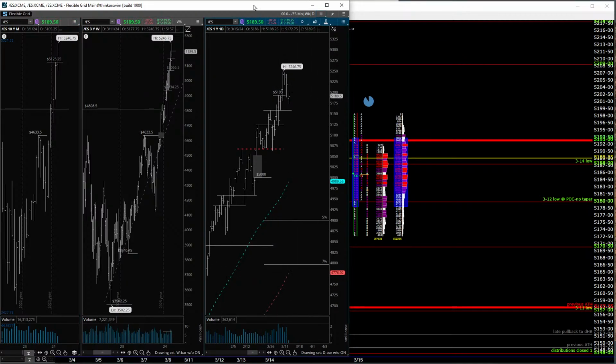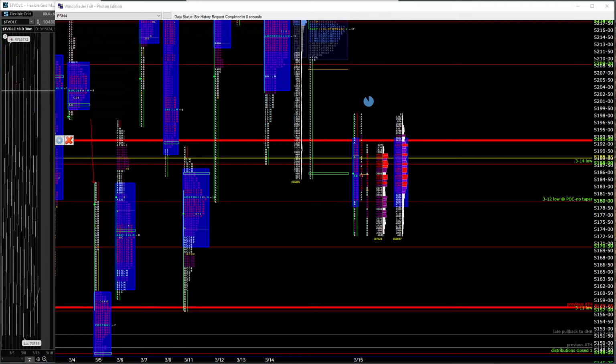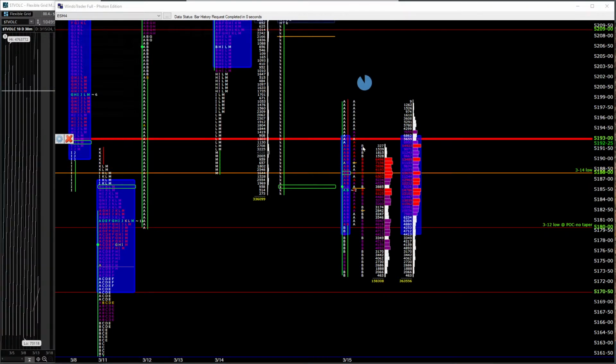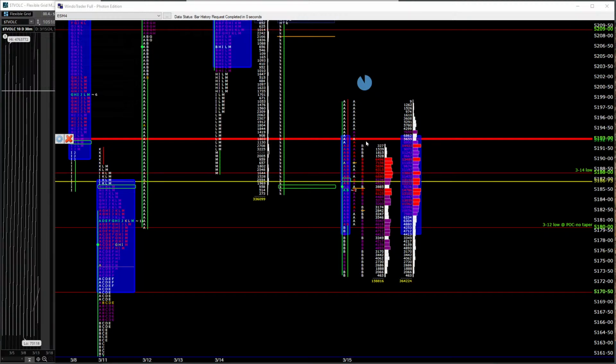Okay. So regarding location, this could be a good location. This is a good location. The market is going to let you know that you are wrong. The market doesn't have to travel that far from this location.